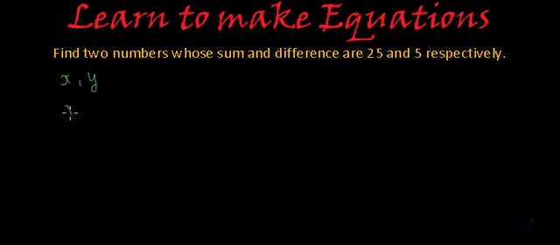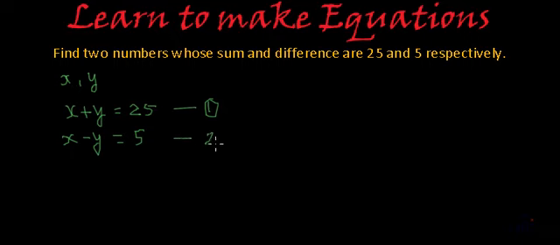That means x plus y is 25 and their difference is 5. So if we assume that x is larger than y, then x minus y will be equal to 5, right? So these will be two equations. This will be equation number 1 and this will be equation number 2, right?